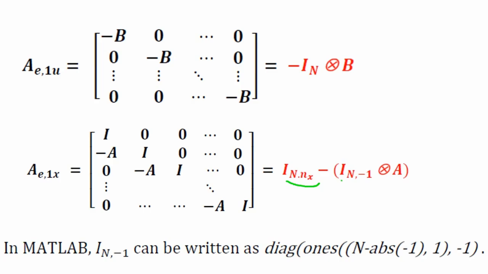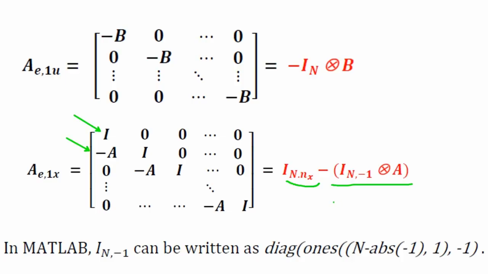So total over the whole horizon for multiple states will be n times nx. Only this part would give you the I on the middle of your diagonal matrix. Here you can see it. But then we also have it with the negative sign. Then we can subtract that matrix with the shifted -a matrix, which is shifted by position -1. And in MATLAB, this part we can write it as follows.